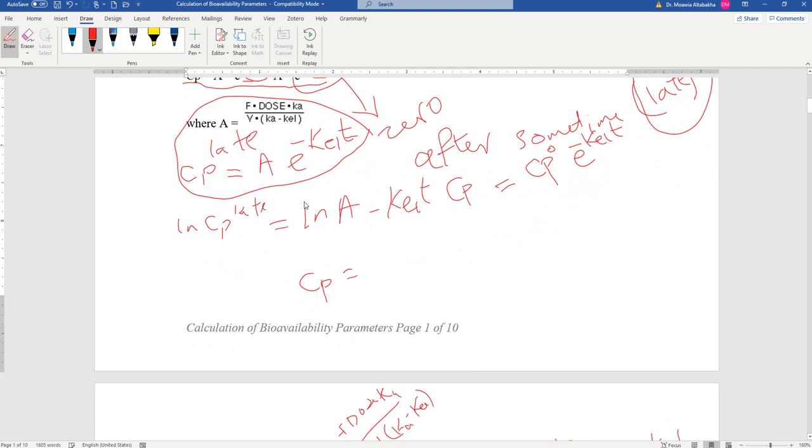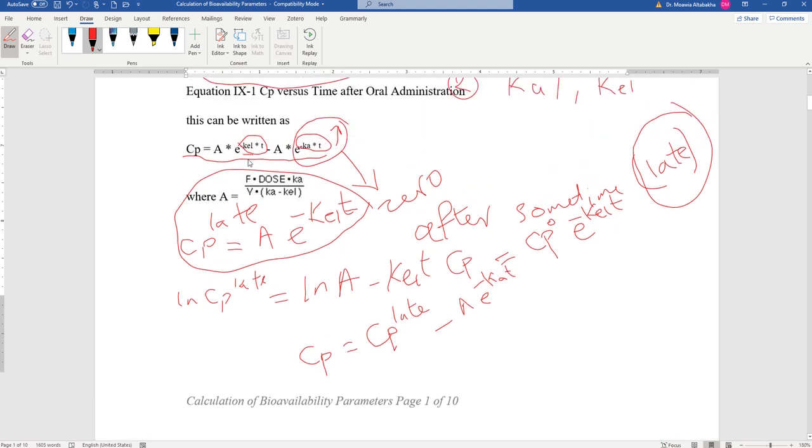فإذا هنا CP is equal to CP late، طيب ناقص A في E أس minus KA في T. Okay? إذا this is the equation بتصير: CP equal to CP late minus A في E أس minus KA في T. طيب شوف شو بصير, if you take this side بتصير CP late minus CP, and you take minus A في E أس minus KL في T here, so it will be positive.